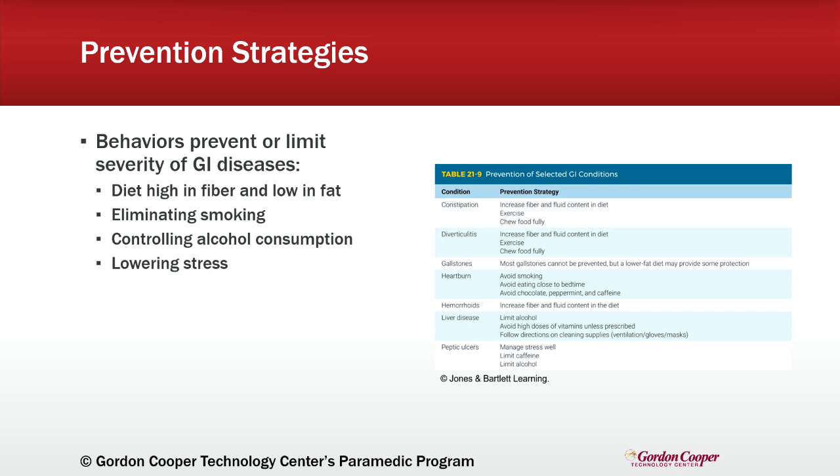Of course, there are several behaviors that can help prevent or reduce the severity of GI diseases. These things include eating a high fiber diet and keeping the fat intake low. Always eliminating smoking is a good idea, and avoiding alcohol consumption. And then, of course, reducing stress through practices like meditation, exercise, and relaxation techniques.